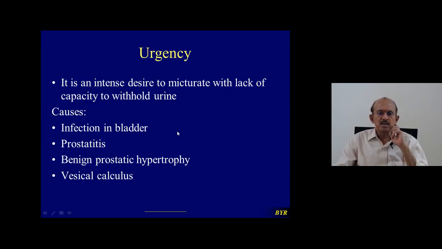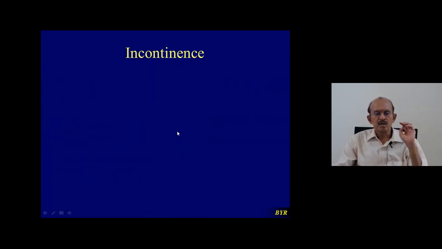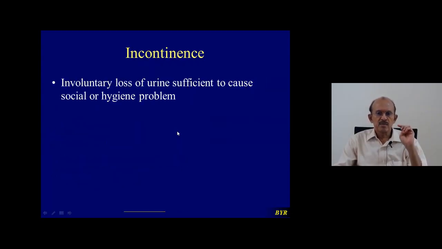So in these conditions, the patient will have an urge to micturate. So they cannot wait. They immediately run to the bathroom. Sometimes before they reach the bathroom, they will have passage of urine into their clothes. Then it's called incontinence. Involuntary loss of urine sufficient to cause social or hygienic problem is called incontinence.